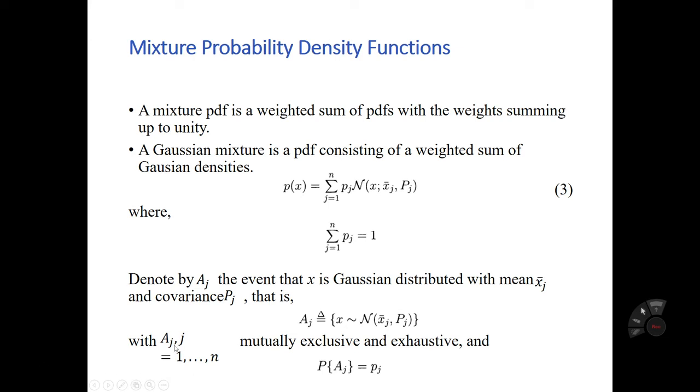So the A_j are mutually exclusive and exhaustive, and the probability equals P_j. If we add up all the probabilities, it must equal 1.